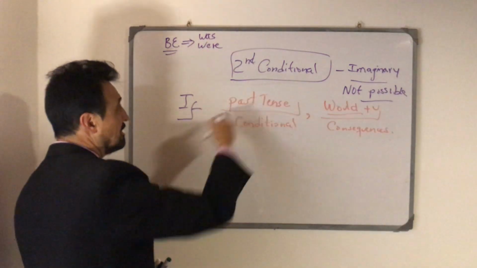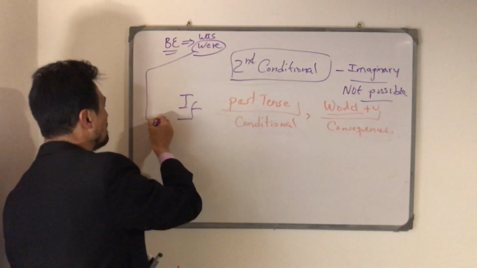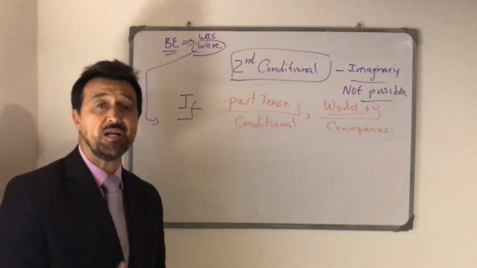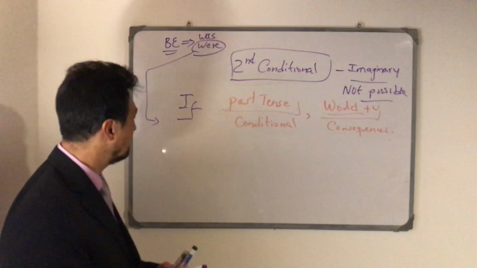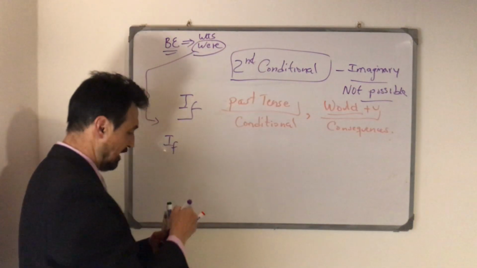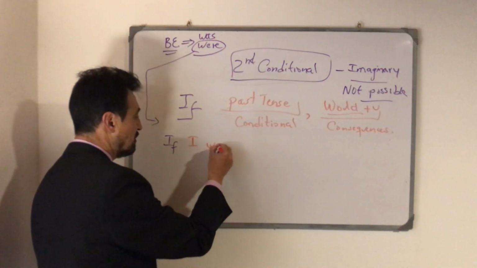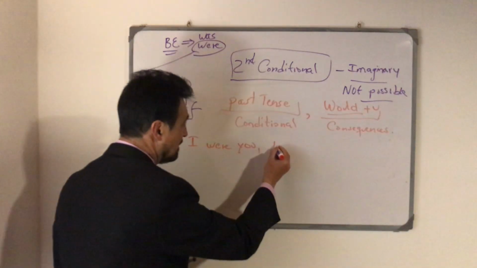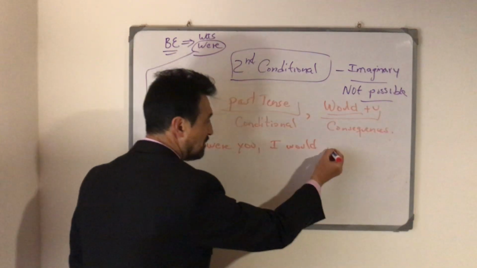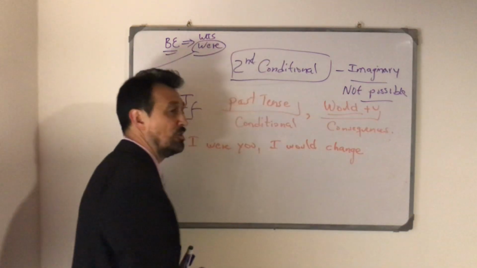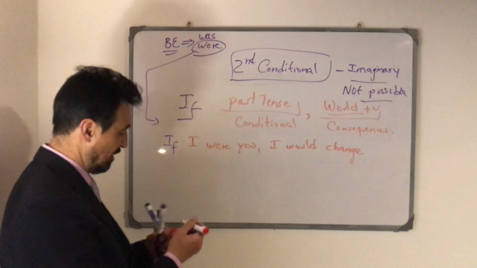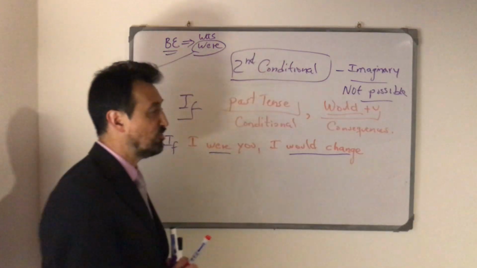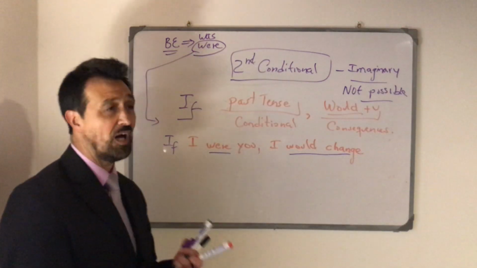But in the second conditional, it is recommended to always use were with the verb to be, normally to give suggestions or recommendations. For example, you say, if I were you, I would change.